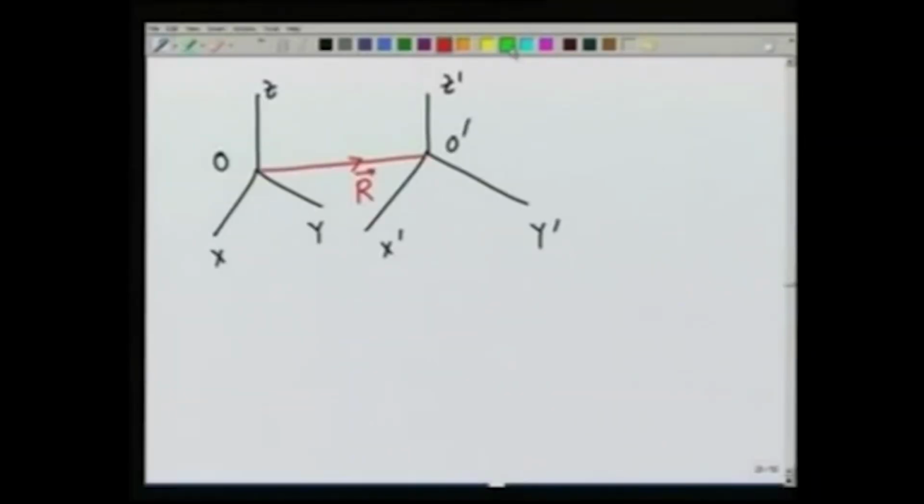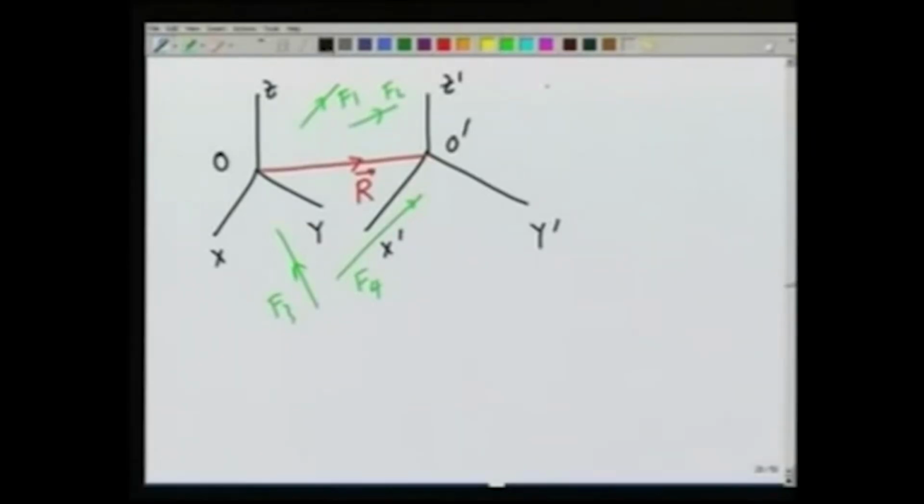I am going to draw the forces in green. Let this be F1, let this be F2, let this be F3, let this be F4, and so on.